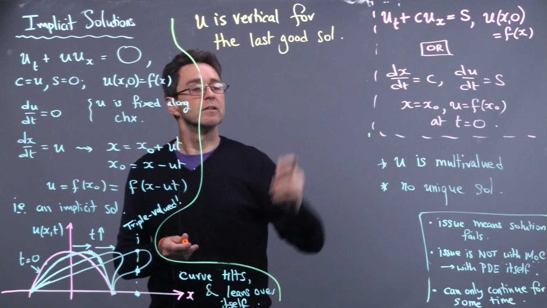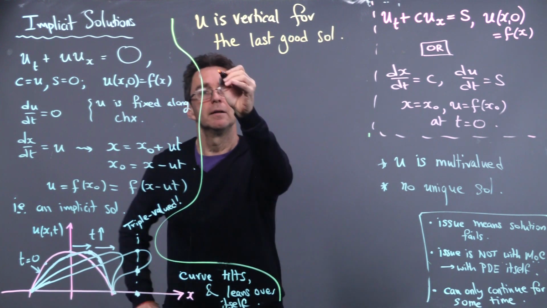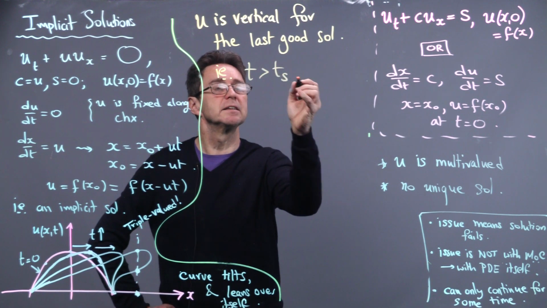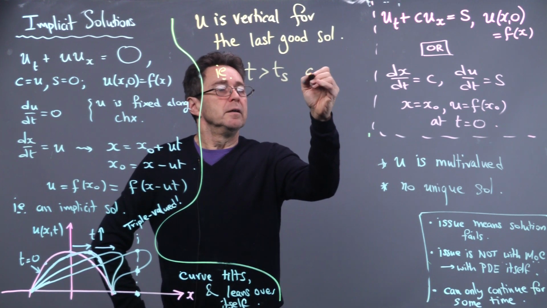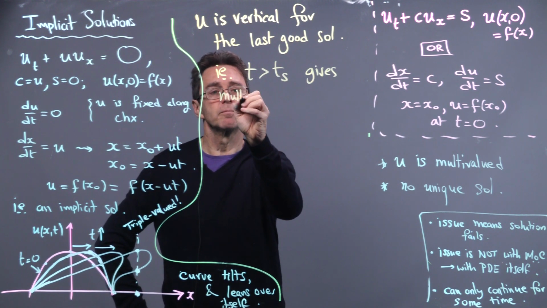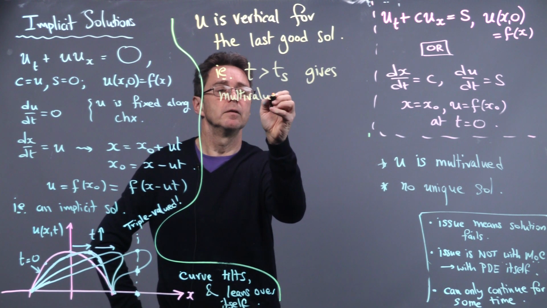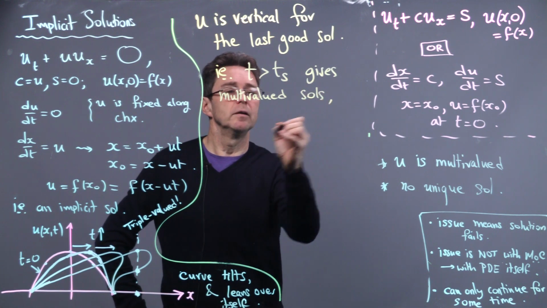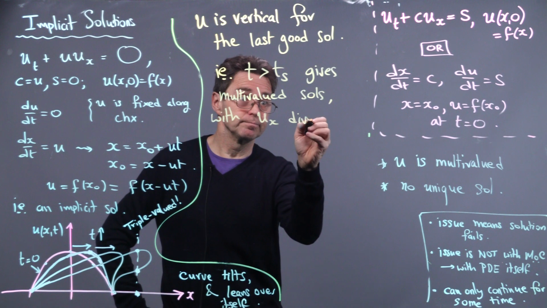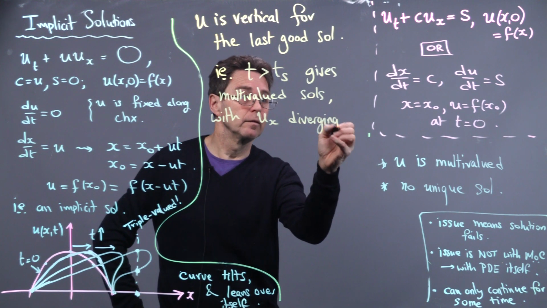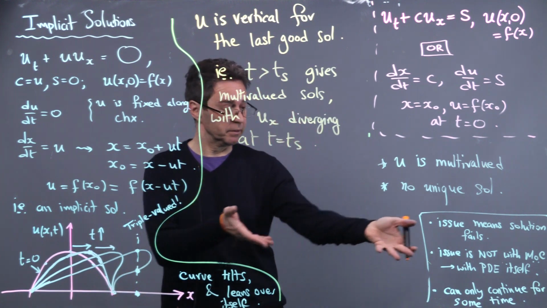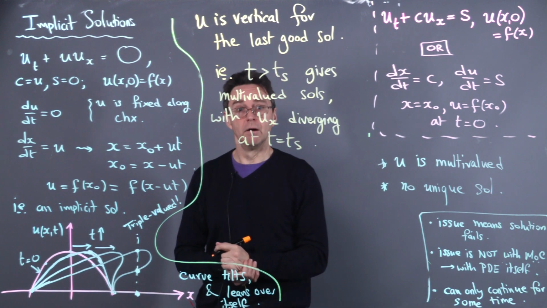So u is vertical for the last good solution, i.e. t greater than ts gives multi-valued solutions with du/dx diverging at t equal to ts. So that gives us a criterion to figure out exactly when things go wrong.